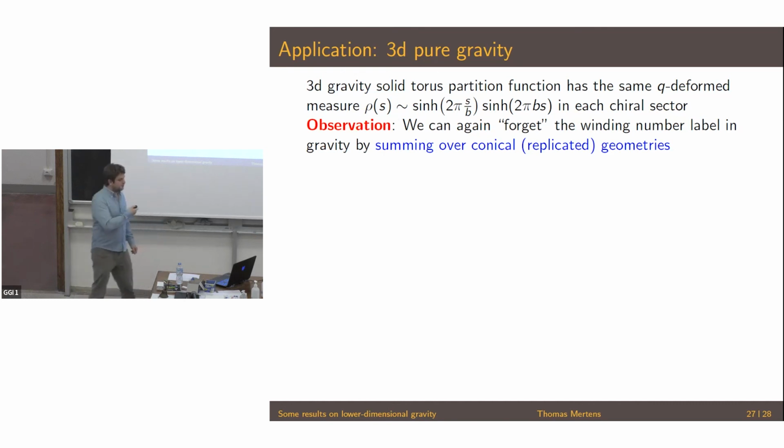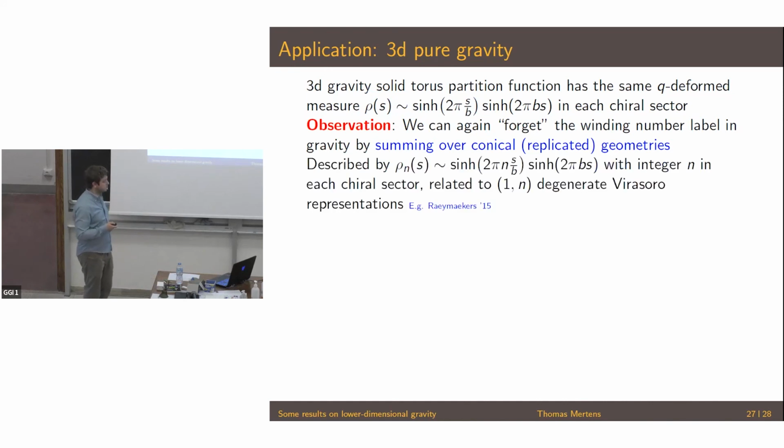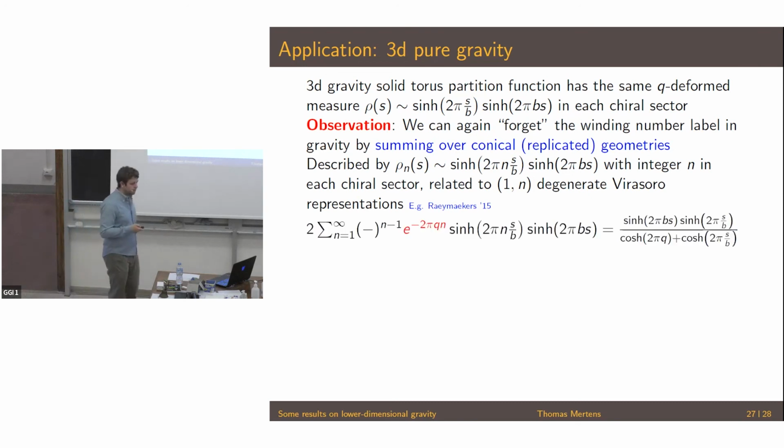So geometrically, this corresponds to summing over these conical or replicated geometries. And the correct spectral density for these conical geometries, this is known in 3D gravity, is just sinh times sinh, but you have this integer n in one of these. These correspond geometrically to having conical defects in 3D gravity. You can sum over these, you need to regularize it, so you play exactly the same game.